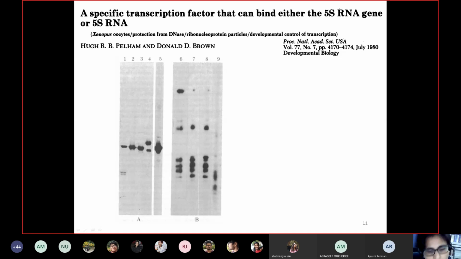So especially when you are involved with such a protein which gives you a different running pattern, it is important to check whether you have a lot of differences because of the oxidizing agents. So what they did in Pelham and Brown, they used one component called iodoacetate. So I will write it here. Acetate.